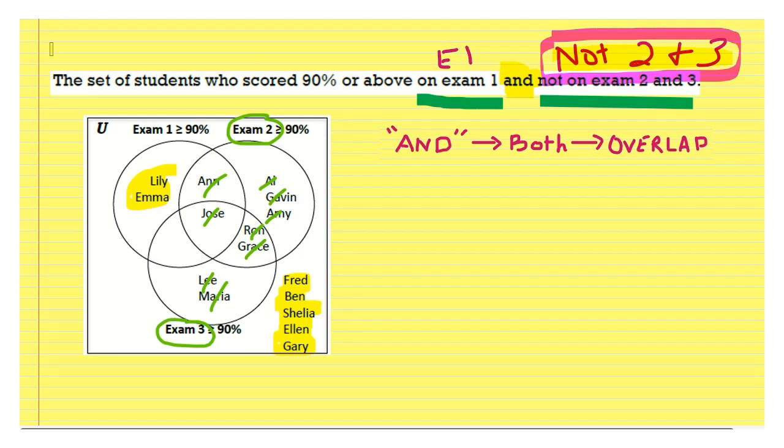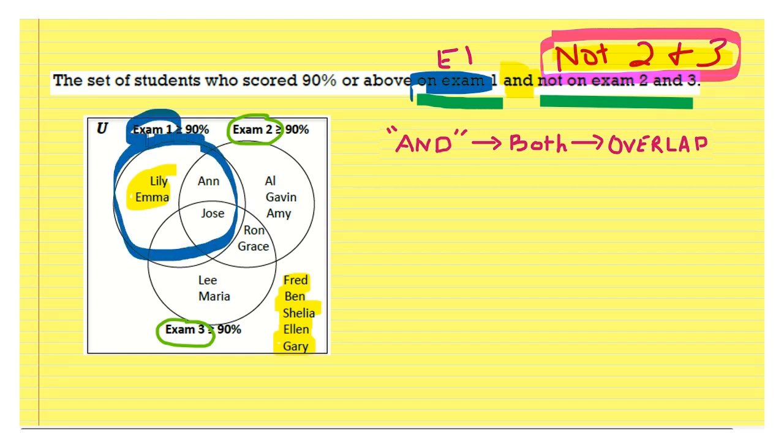Okay. So again, like we did before, we're going to erase these marks just in case it interferes with the other. Because the other one says that we want exam 1. So exam 1 is going to be a circle right here. This is exam 1. So we want the overlap. It's not going to be or, which means this or that and lots of choices.